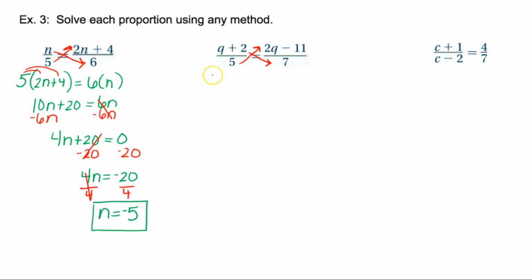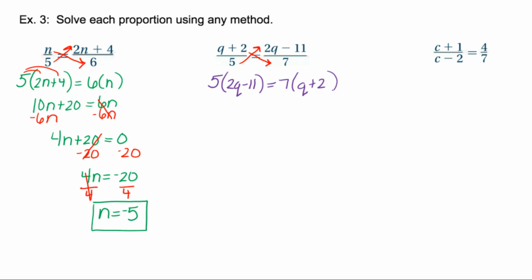So I have 7 times q plus 2 equals, I'm going to reverse that so I can get the larger one. 5 times 2q minus 11 equals 7 times q plus 2.